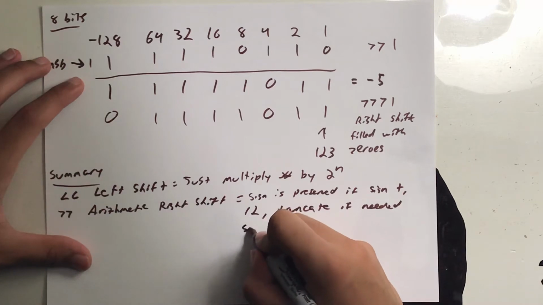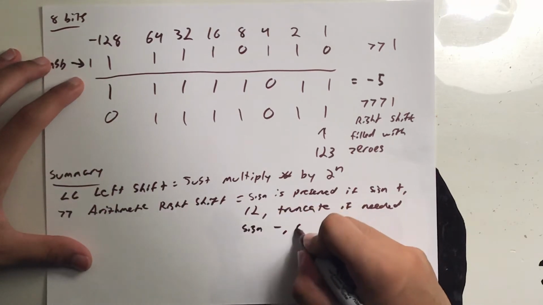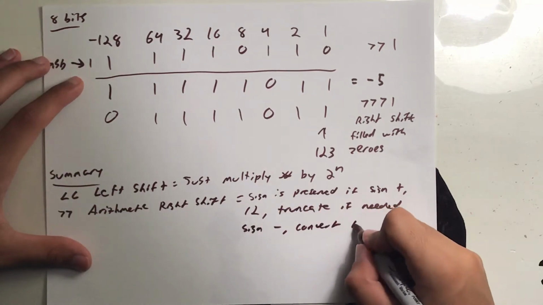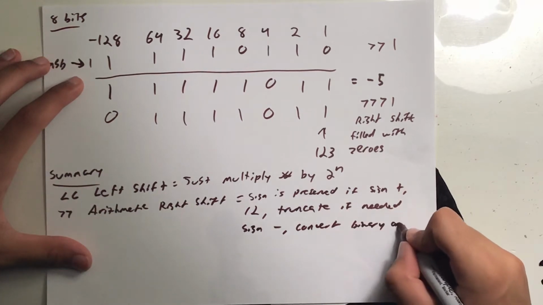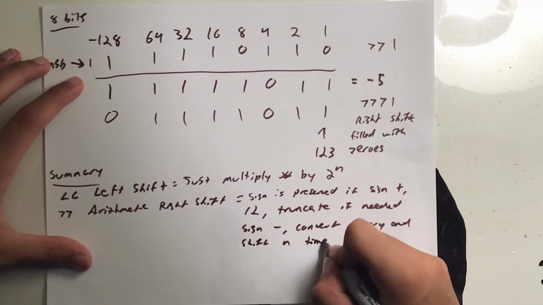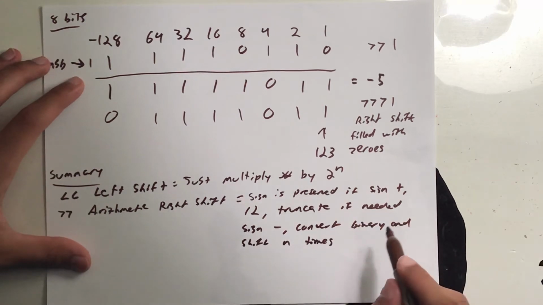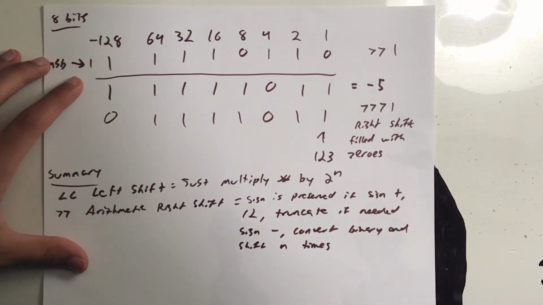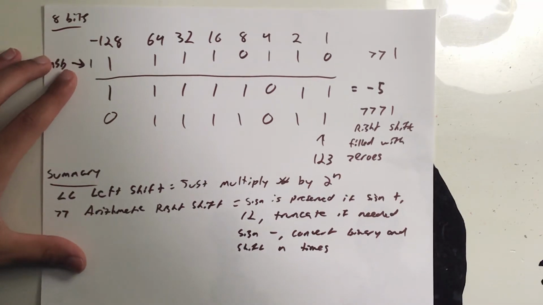If sign is negative, convert the number to binary and shift n times. You have to do this because if you divide by 2 and you truncate the decimal, you might be one off the actual answer, which most of the time is what's happening. So if the sign is negative, convert to binary and shift.